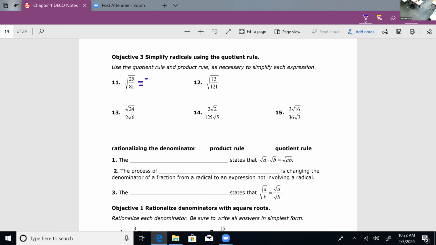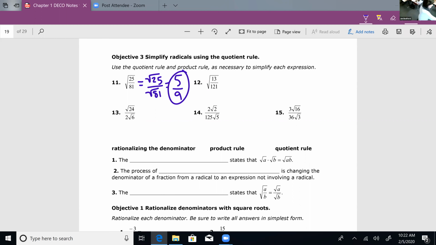So if I separate these out and make it the square root of 25 over the square root of 81, what's the square root of 25? And what's the square root of 81? 9. And how can I double check myself just to be sure I've done this right? If I square 5 over 9, if I do 5 over 9 times 5 over 9, it ought to equal whatever's underneath the square root sign, right? Okay, so we're good on that.